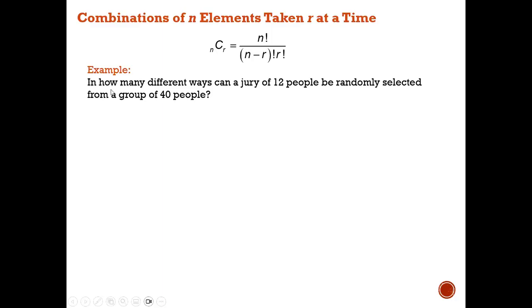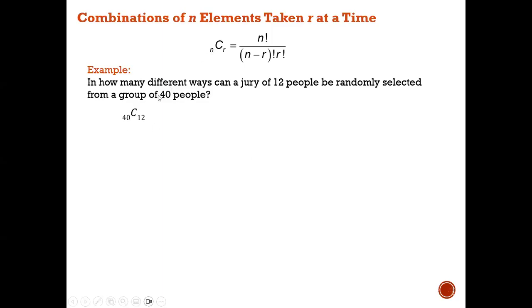Okay, so here's an example. How many different ways can a jury of 12 people be randomly selected from a group of 40? That's important. Randomly selected, order doesn't matter. So we're going to pick 12 people from a group of 40. Again, combinations and permutations, we're picking from the same group. That's how we know. So 40 choose 12. 40 is our n.